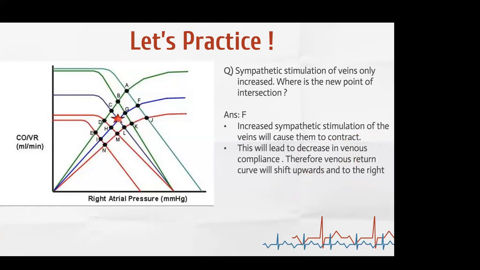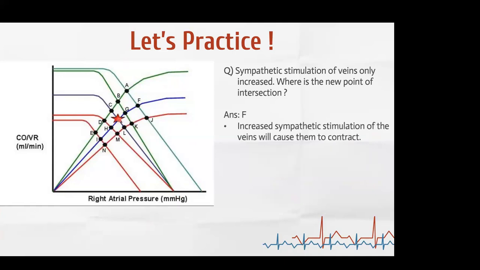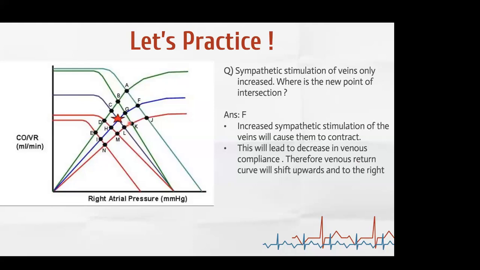Okay, so Omar, to answer your question, we said that the main difference between the curves that end over here in the same mean systemic filling pressure and the curves that don't, this one is for arteriolar resistance, and this one is for the other two, blood volume and venous compliance. So for this curve, for example, you can't know if it's venous compliance or blood volume. They both will have the same effect.